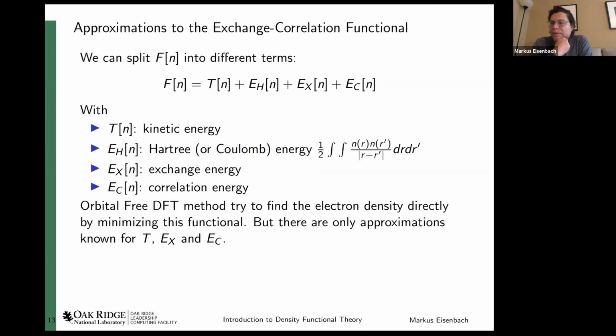And one of these approaches you might actually know and remember is significantly older than the Hohenberg-Kohn theorem itself, and that is Thomas-Fermi theory from the 1920s, where you approximate Tn by the kinetic energy of a non-interacting, homogeneous electron gas, and completely neglect the exchange and correlation energy terms.